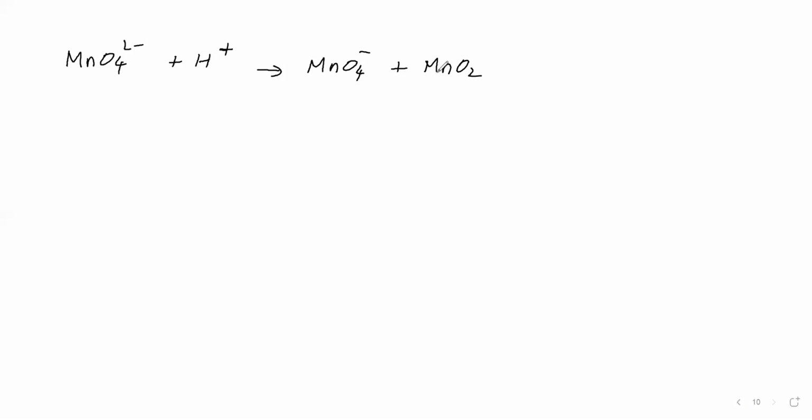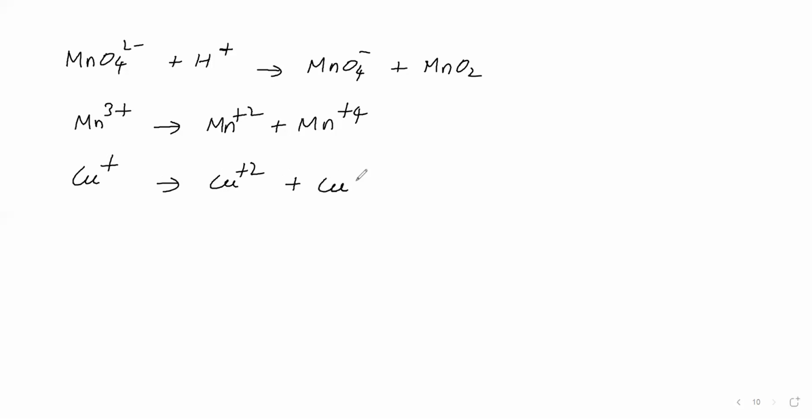Manganate is converting into MnO2, reduction. Then Mn3 plus undergoes disproportionation: it is converting into Mn2 plus by reduction and Mn4 plus by oxidation. Then Cu plus undergoes disproportionation: Cu plus is converting into Cu2 plus by oxidation, and into Cu by reduction.